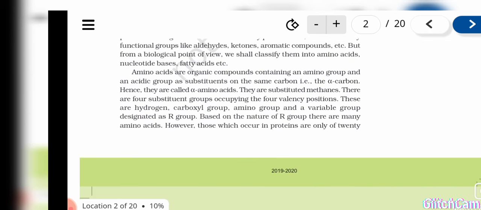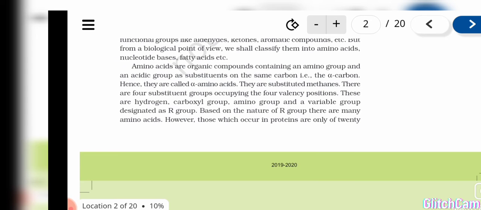What are the different molecules that substitute the carbon valency in an amino acid? This can be hydrogen, carboxyl group, amino group, and a variable group designated as R group.